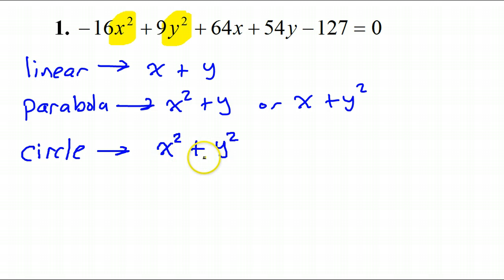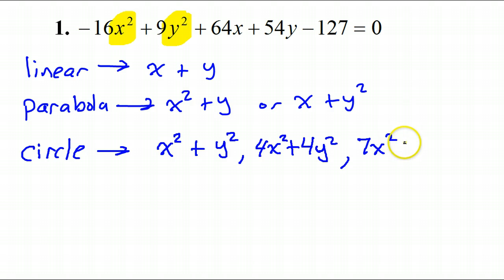So this would be a circle if it's just x squared and y squared. But also this would be a circle, 4x squared plus 4y squared, or 7x squared plus 7y squared. These are examples of circles. The x squared and y squared coefficients are both the same, and it has to be positive.